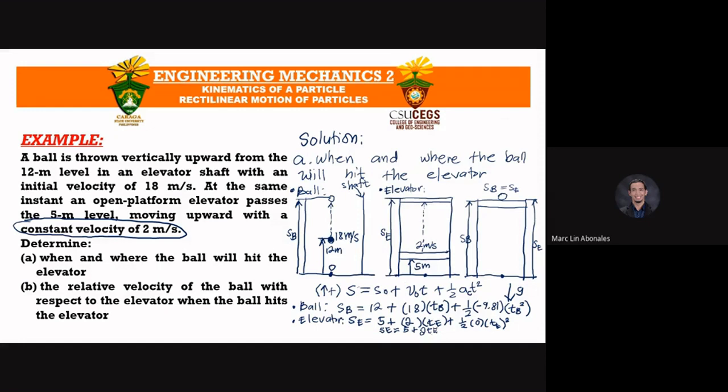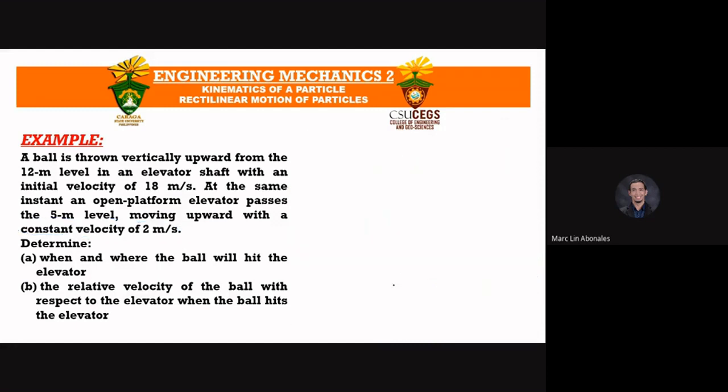So nanakay two equations for the ball and elevator. So based on the statement nato na ang final position sa ball is equal to the final position sa imong open platform elevator.